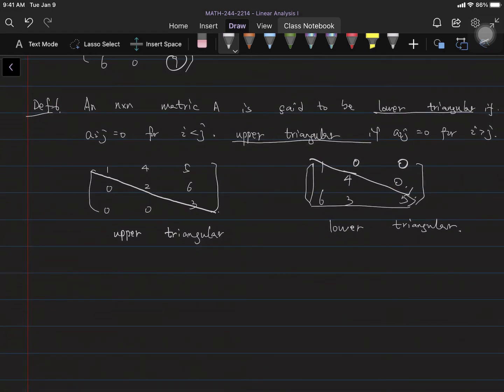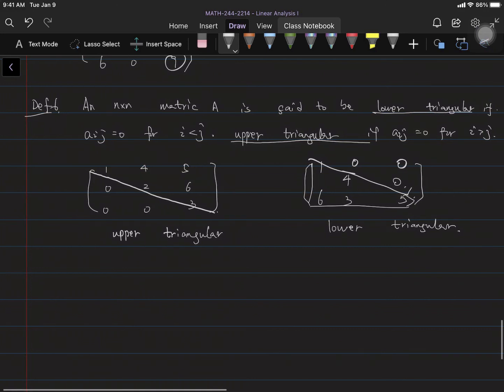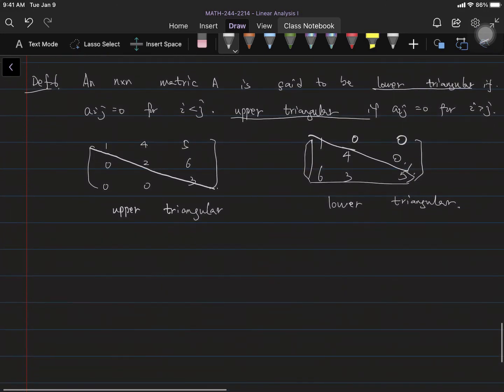Definition. So let's see. If a matrix looks like this, it's called a diagonal matrix. I'm just going to give you the example.